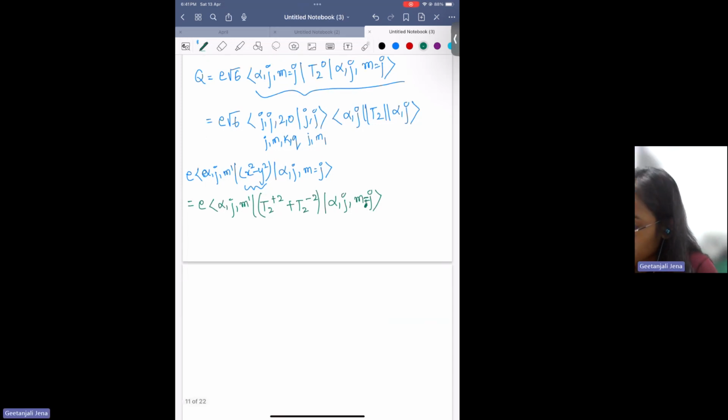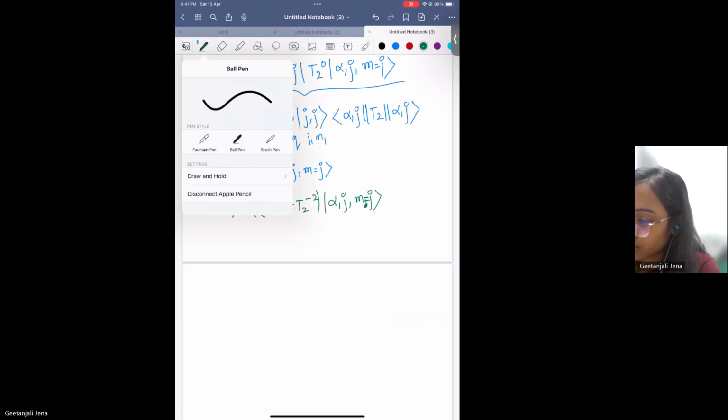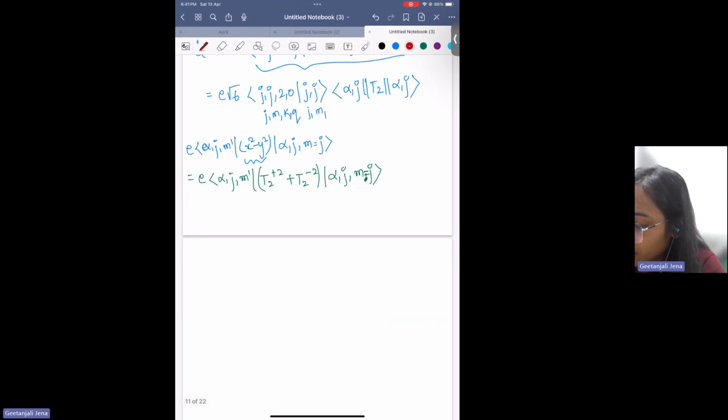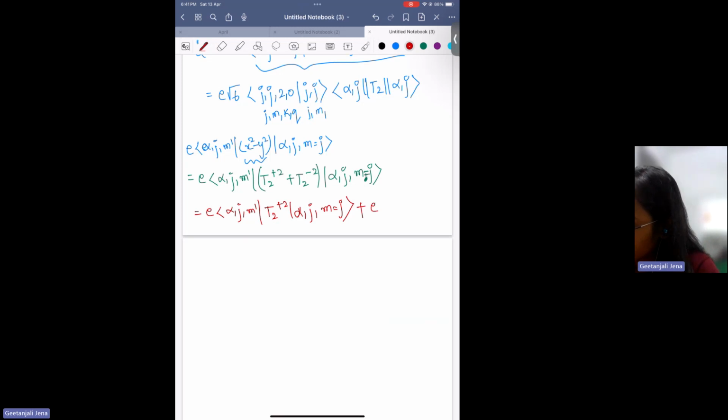So if you see this, there will be two terms, right? One is alpha j m prime, T2 plus 2, alpha j m equal to j. The other one is alpha j m prime, T2 minus 2, alpha j m equal to j.